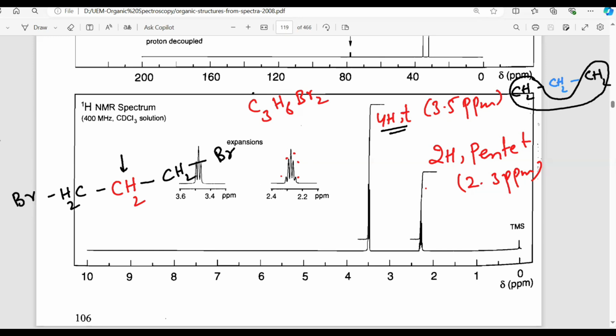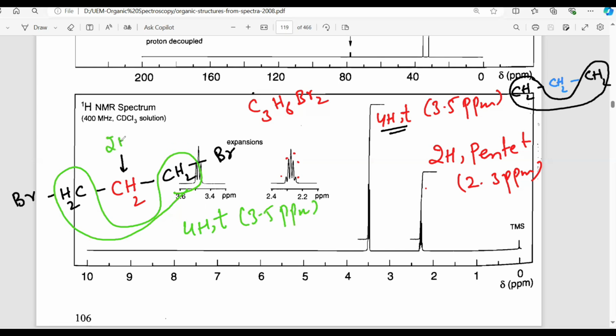And now, if you look at the proton NMR values, these black hydrogens, because the compound is symmetrical, these 4 hydrogens will give you a triplet in the range of 3.5 ppm, while this 2 proton pentet will appear at 2.3 ppm.